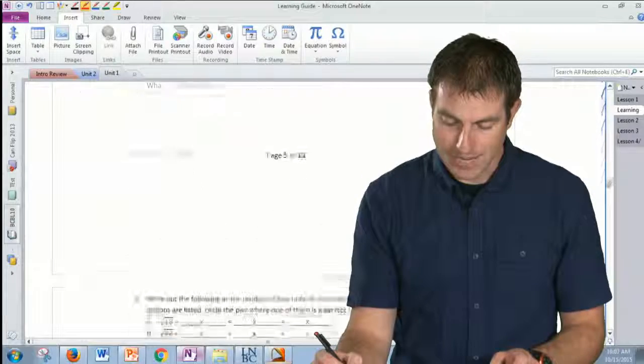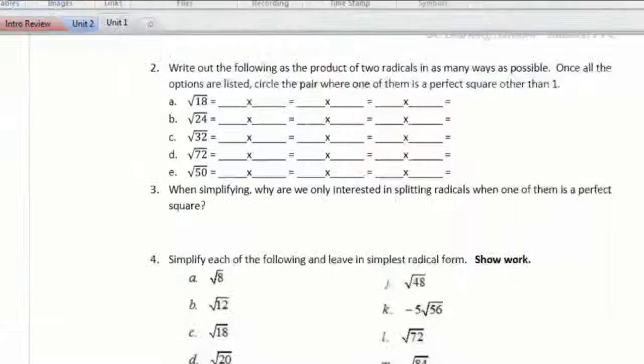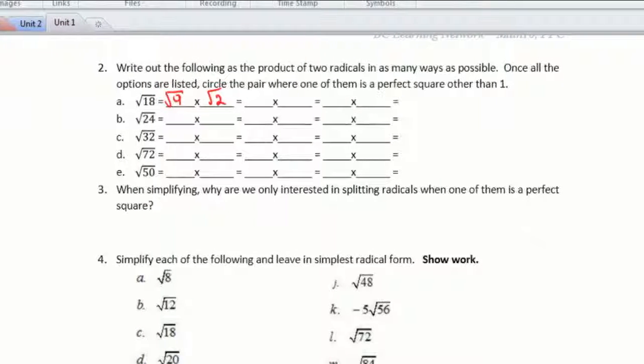So this is page 5. Write out the following as products of 2 radicals in as many ways as possible. So the first one here, the root 18. What can I write these as? I could write it as square root of 9 and 2. What other way can I get 18?